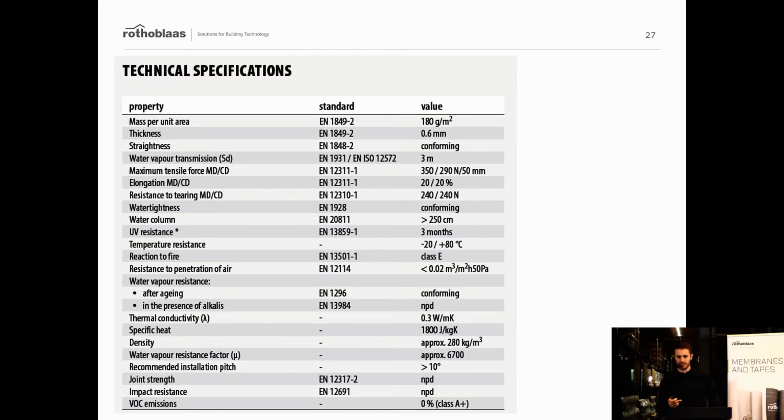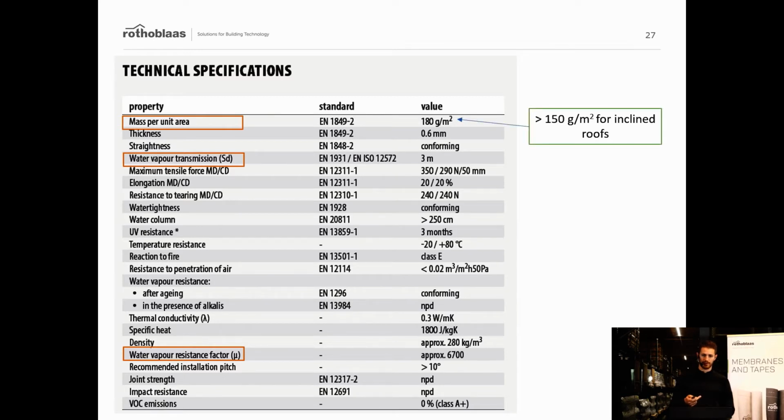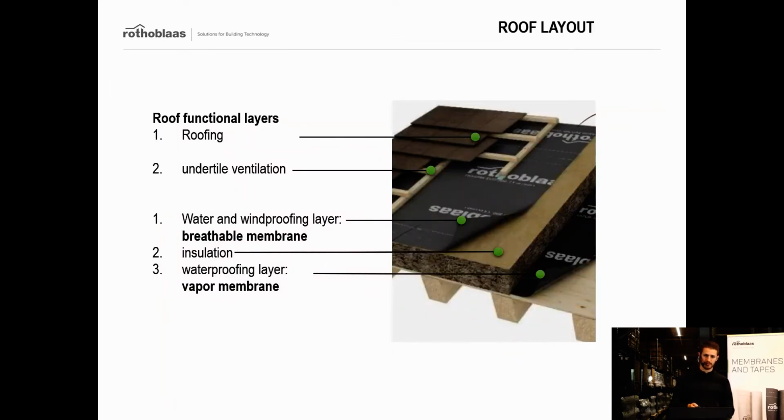So it's very important to study the technical sheets in the right way. And for instance, here you can see the vapor transmission, and also all the other characteristics that we just explained before. So that's just an example of how a roof build-up would have to look like.